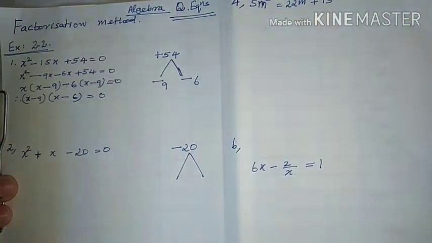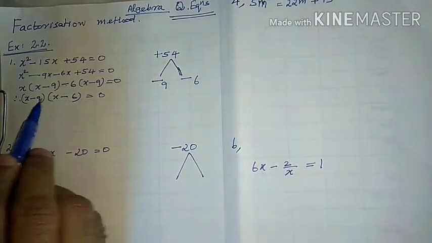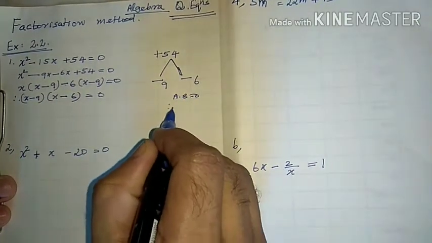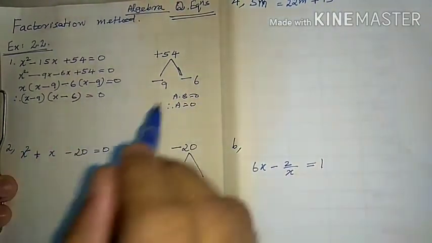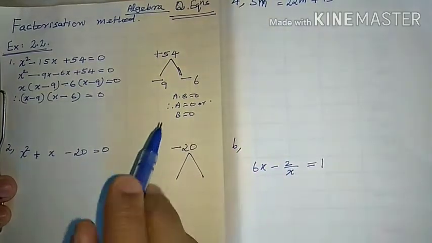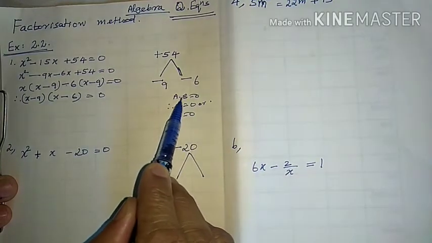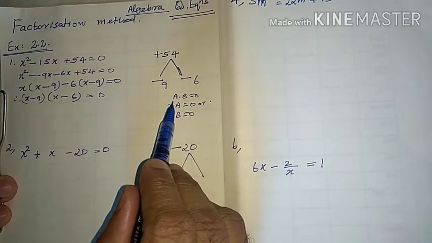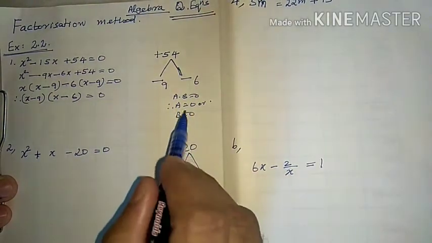Now what you have to understand: product of two terms is equal to 0, like a into b equal to 0. It means either a is 0, or b is 0, and in some cases both may be 0.